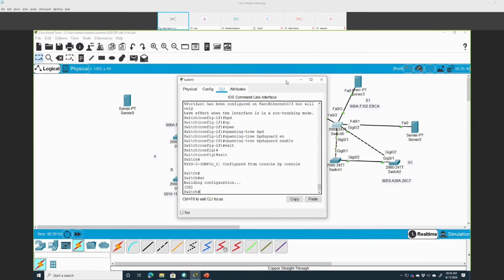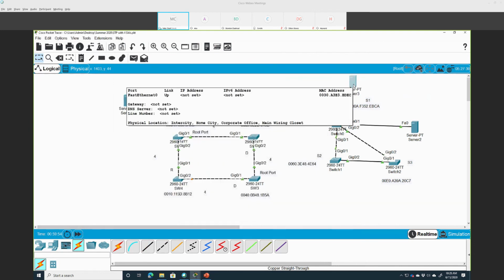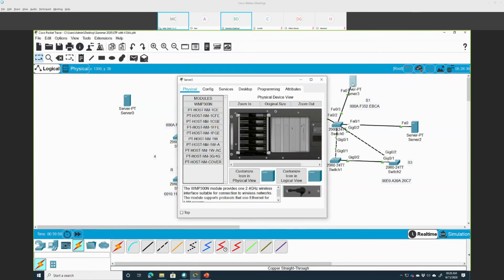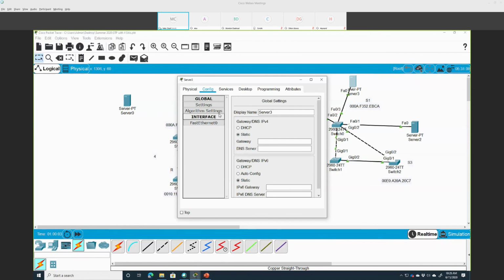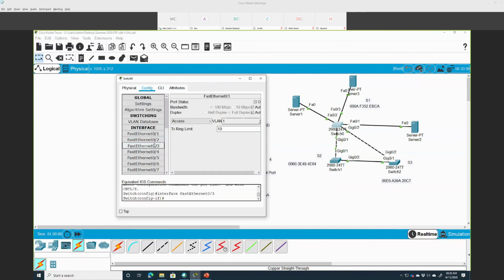Now, let's see over here what this is going to take. So I'm going to go to the configuration here. I want to disable it on 2 and on 3. So those two are down.